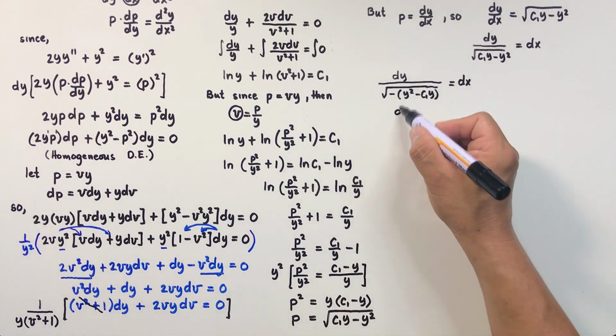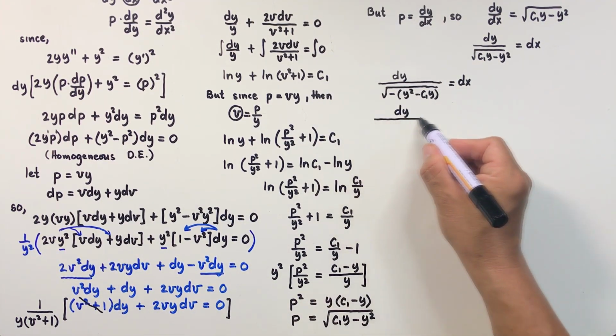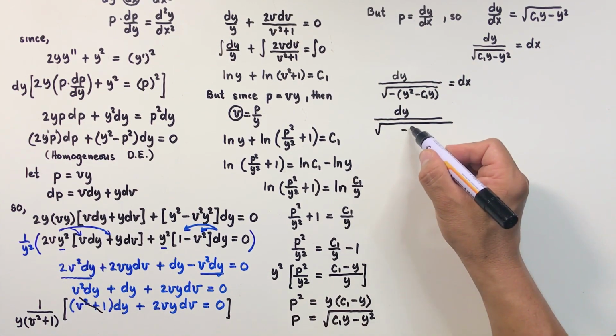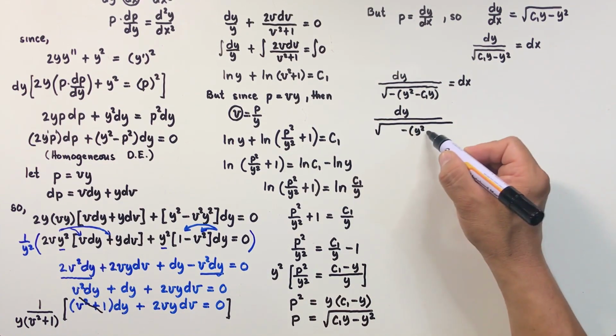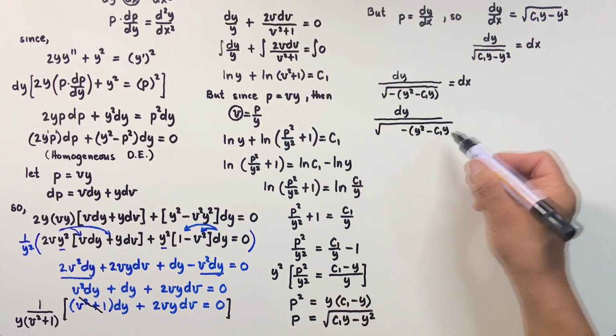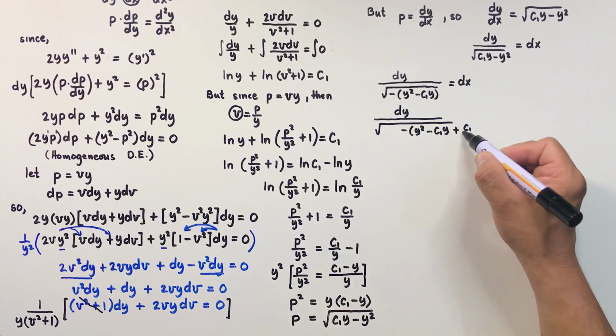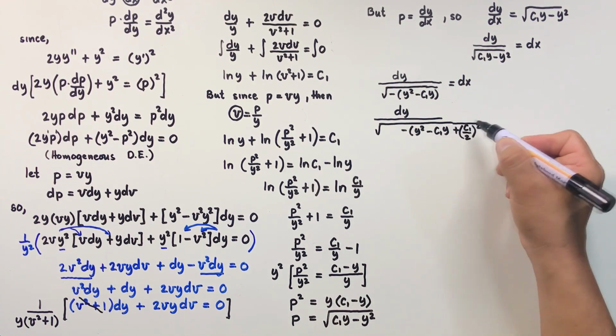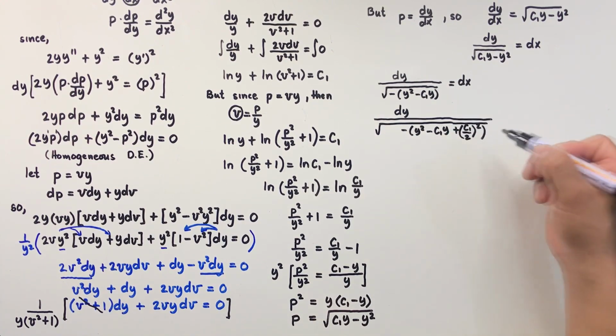So to complete this radicand to form a perfect square trinomial, we have to get the half of the second coefficient here, which is c sub 1, and then we square the half, and the half is c sub 1 over 2.